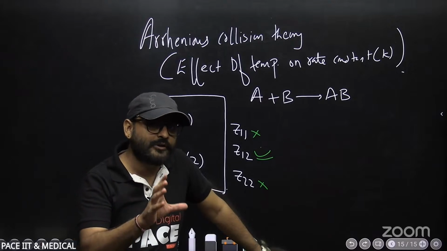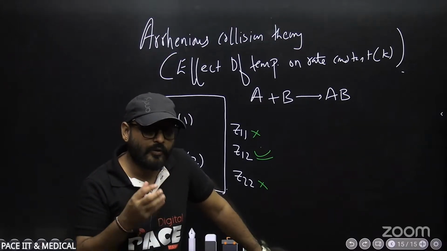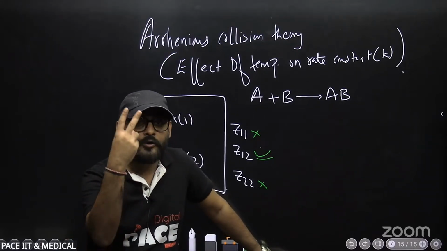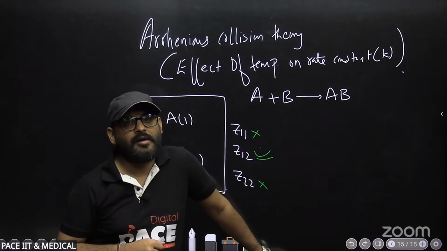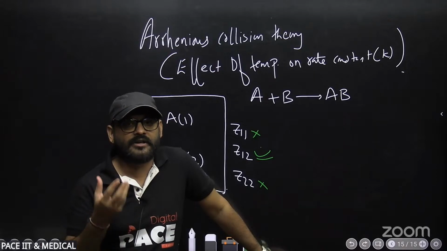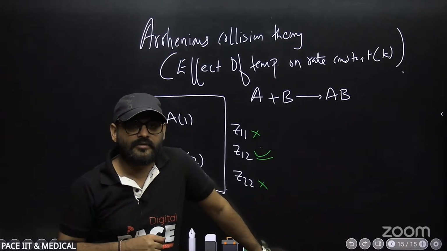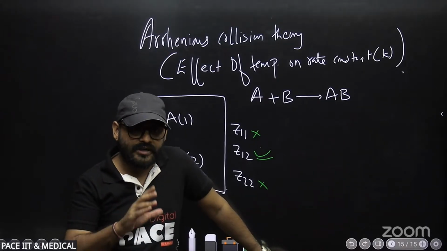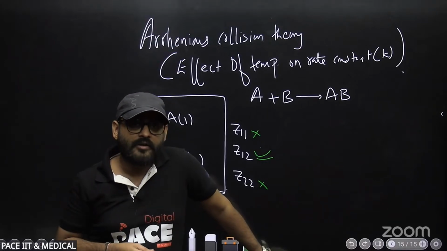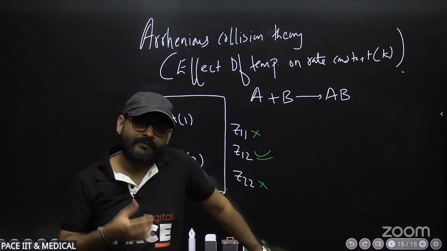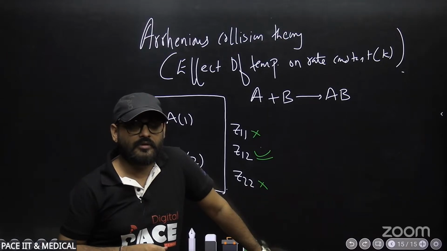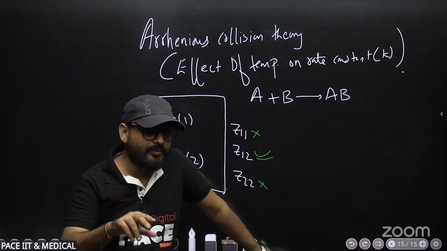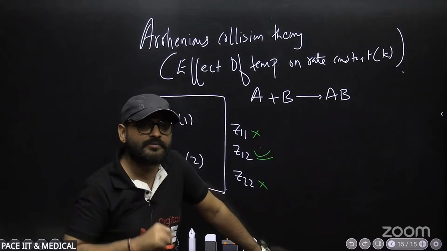And for a collision to be an effective collision, two barriers must be overcome. Every collision won't result in product formation. The collision that actually produces a product is the effective collision, the useful collision.